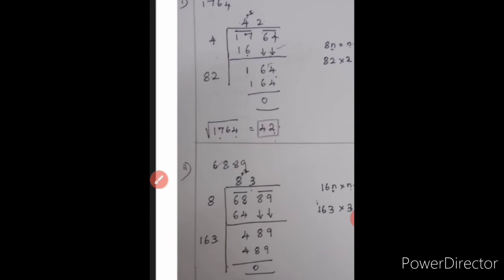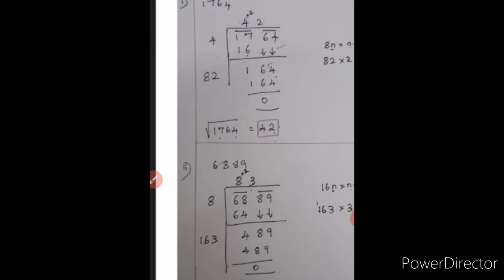3 into 3. 3 3s are 9. Then 3 6s are 18. 8 carry 1. Then 3 1s are 3. 3 plus 1 is 4. So write down the 3 near the divisor, new divisor, and then 3 on the top.